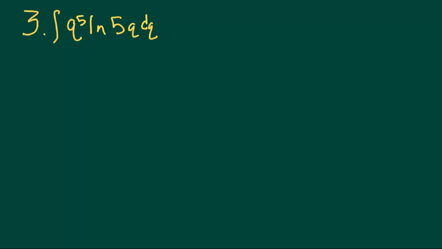So here's another example of integration by parts. We have the integral of q to the fifth times the natural log of 5q dq. Q to the fifth is a polynomial expression, and natural log of 5q is a logarithmic expression, so we're going to let u equal the natural log of 5q, and we're going to let dv equal q to the fifth dq.